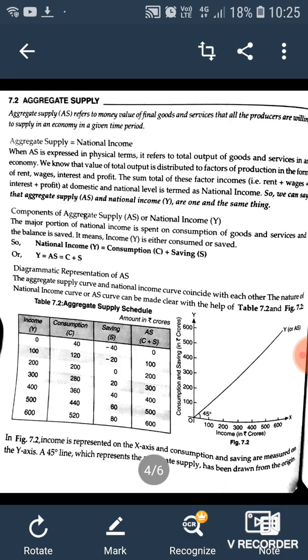Now the line is drawn from the origin at a 45-degree angle, which represents that income is either consumed or saved. Y is equal to C plus S.